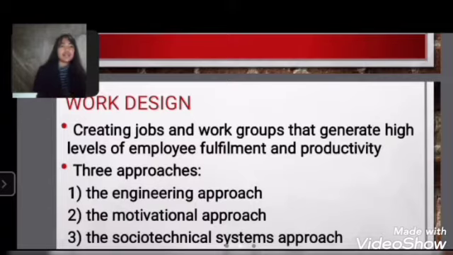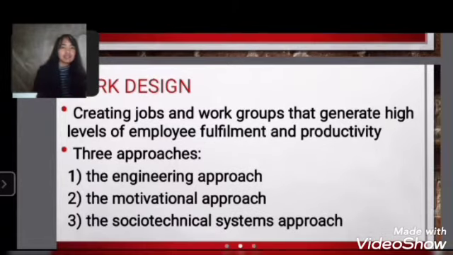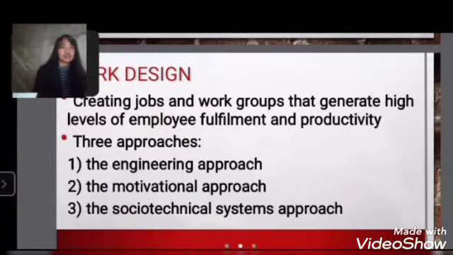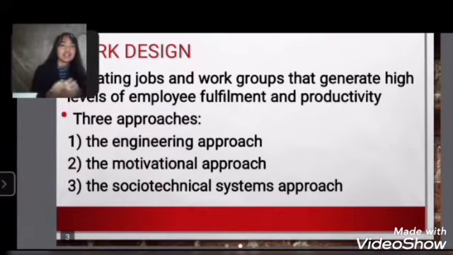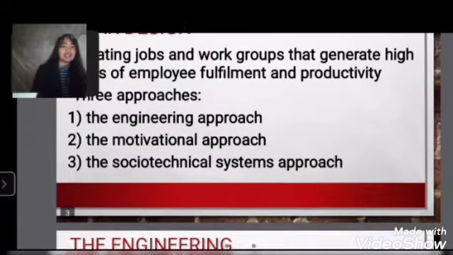Having a well-designed job has positive impacts on individuals, on teams, and on the organization as a whole. There are three approaches to work design, which are the subtopics that we mentioned, which we are going to tackle in the succeeding slides.